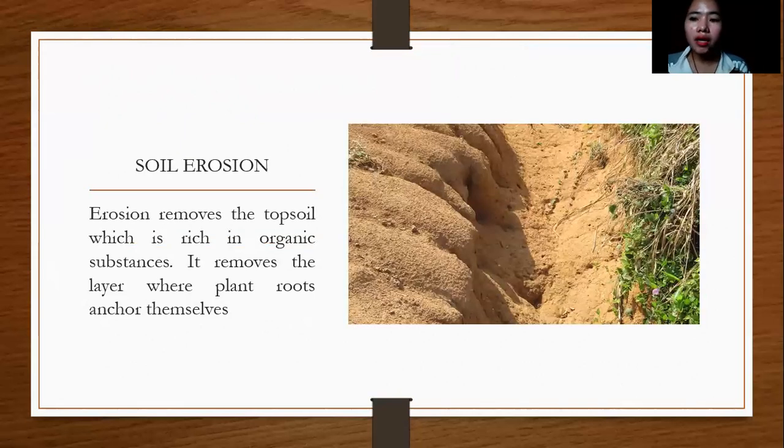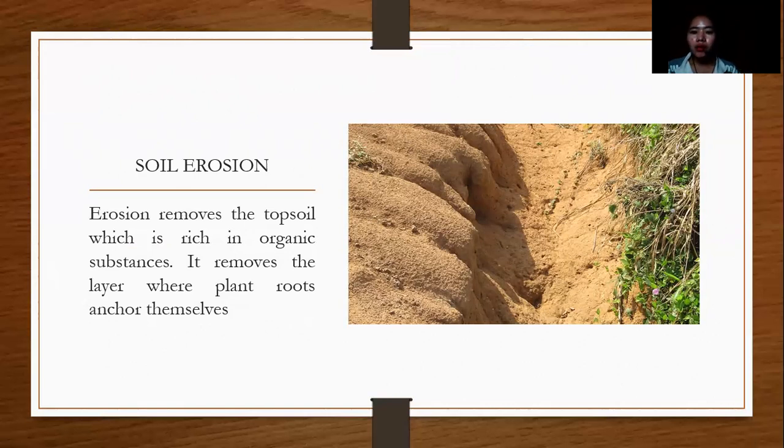So first one is we have soil erosion. So soil erosion removes the topsoil, which is rich in organic substance. So substance or organic is a kumbaga humus, di ba? Without the humus, so in tendency hindi masyadong healthy yung tanim. It removes the layer where plant roots anchor themselves.